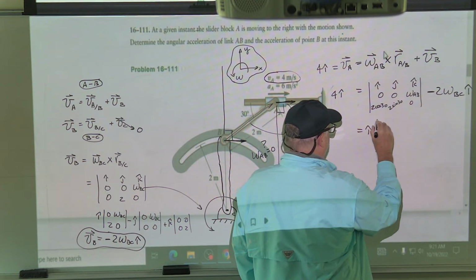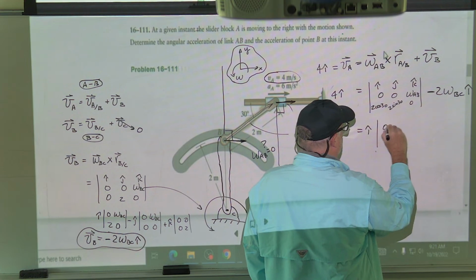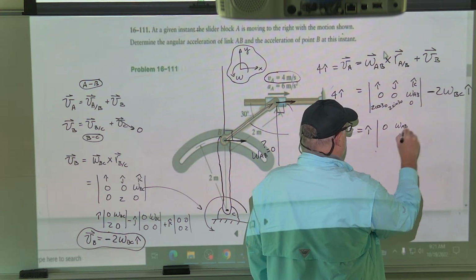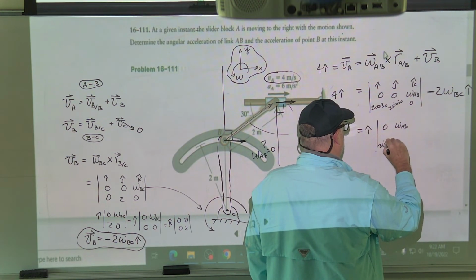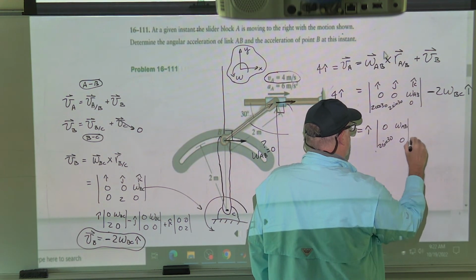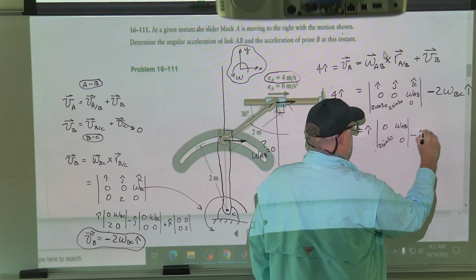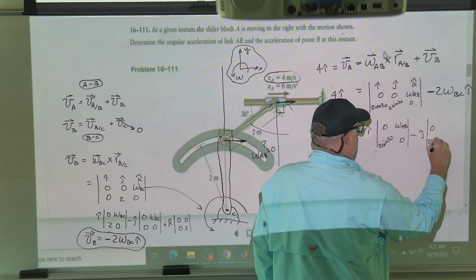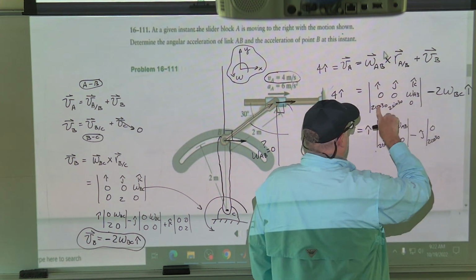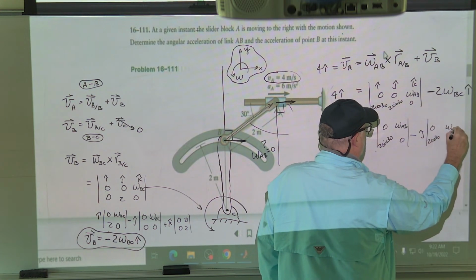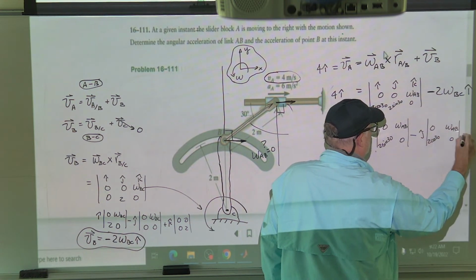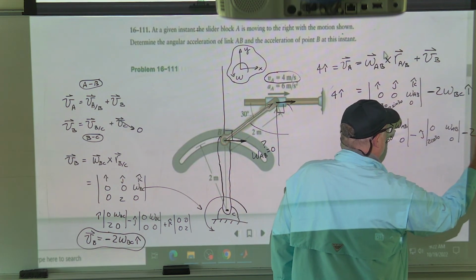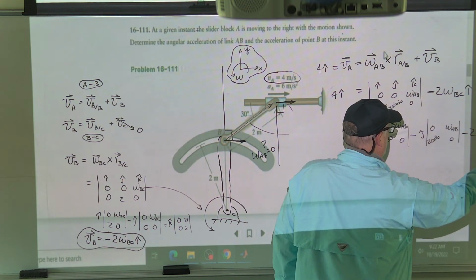Now, 0, omega AB, 2 sine of 30, sorry for my handwriting, minus J, and now 2 cosine 30, and then omega AB and nothing. Ooh, I'm losing space. I'm writing into the dark.